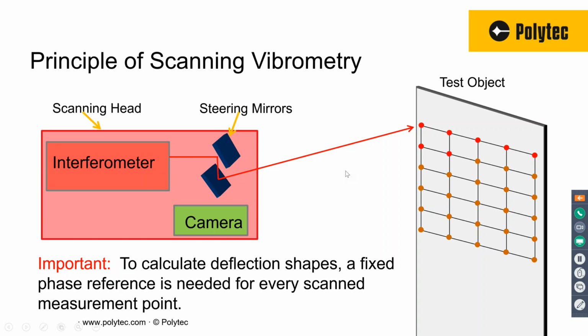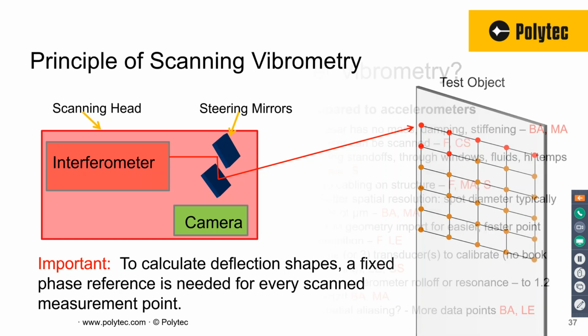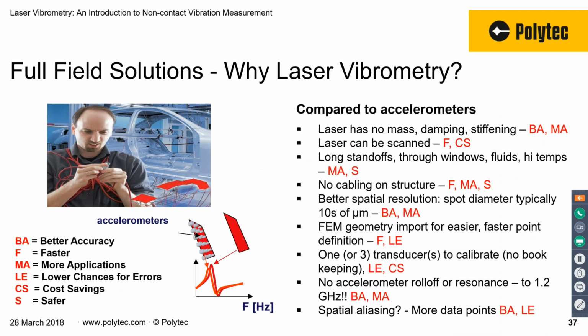So with that fixed reference and the scan laser, we can calculate and display animated deflection shapes, color-coded animated deflection shapes of the structure. And if we excite with running condition or broadband excitation, then we can study what's going on in the test object across a complete spectrum of vibration.